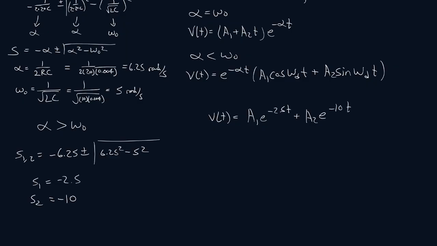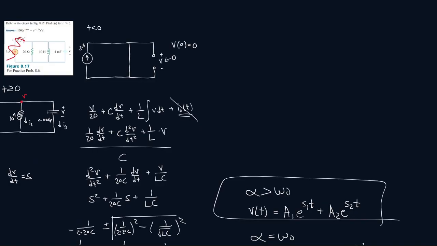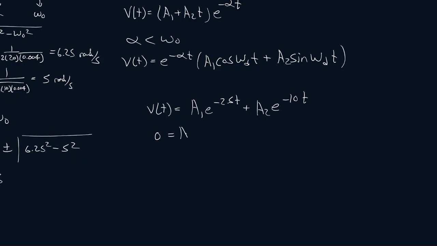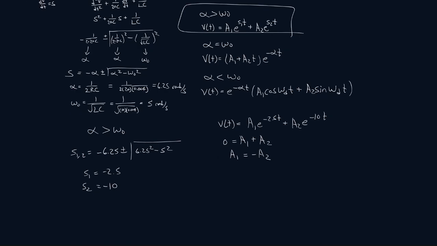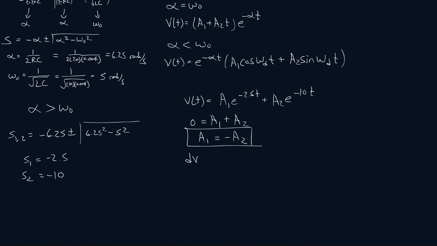Now we have to solve for A1 and A2. So we know when t was 0, our voltage was 0. So we can just do the following. Okay, so that means A1 will be equal to minus A2, or minus A1 is equal to A2. Now let's differentiate all of this because right now we only have one equation and two unknowns, and we need two equations. So let's differentiate everything.